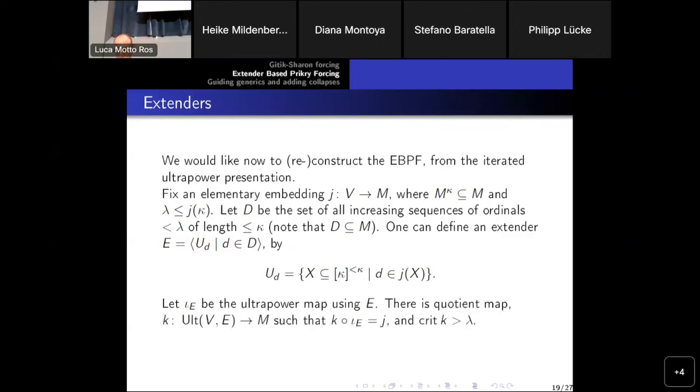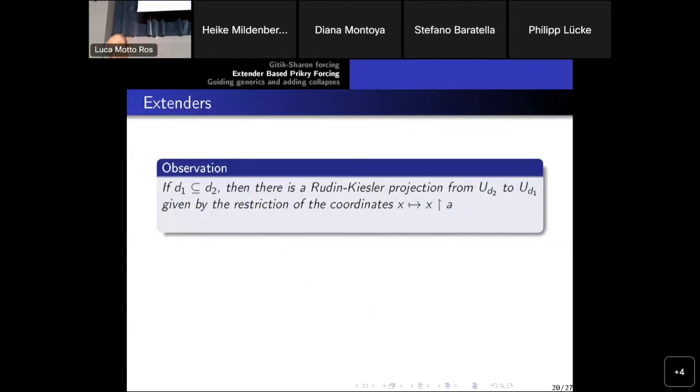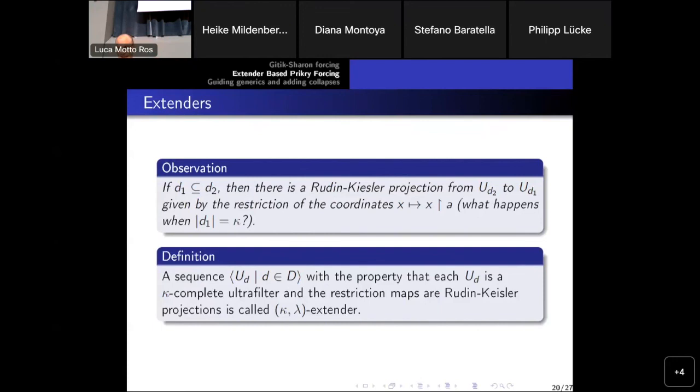Okay? And crucial, if we take the ultrapower using the extender, if we take any elementary embedding, we can derive an extender, and there is a small gap between the ultrapower using the extender and the original elementary embedding, which is the point about lambda. So it is going to preserve cardinals, which is what we care about. The projection maps between the measures is simply the restriction.